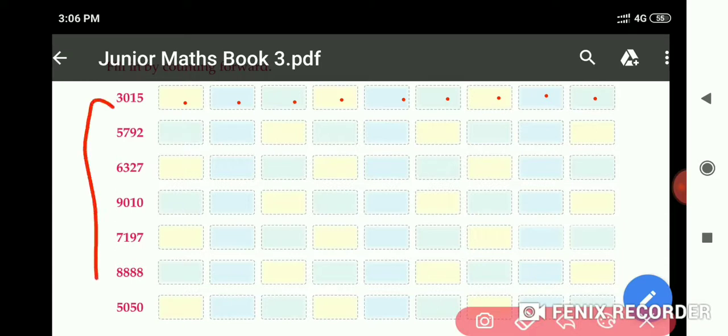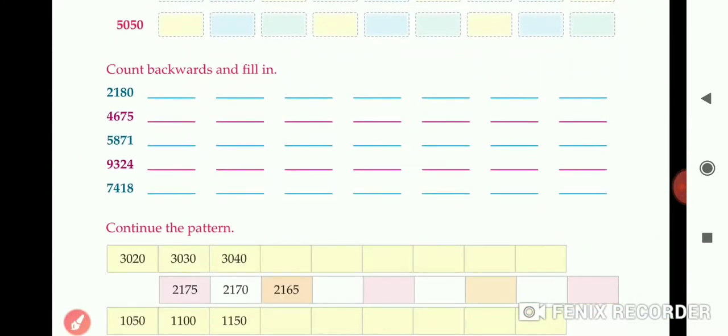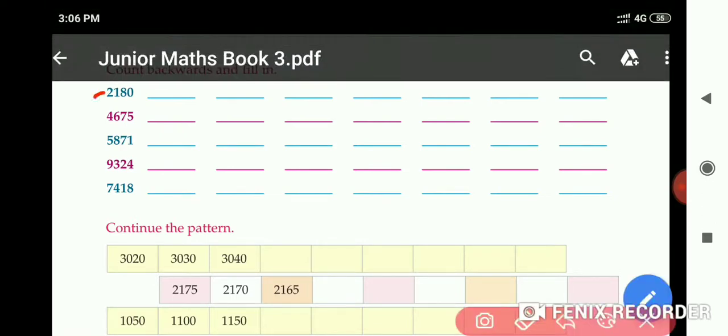Like this you have to write down the counting and fill the boxes. Counting backward and filling. Here you have to write down the backward counting. So this is homework for you.